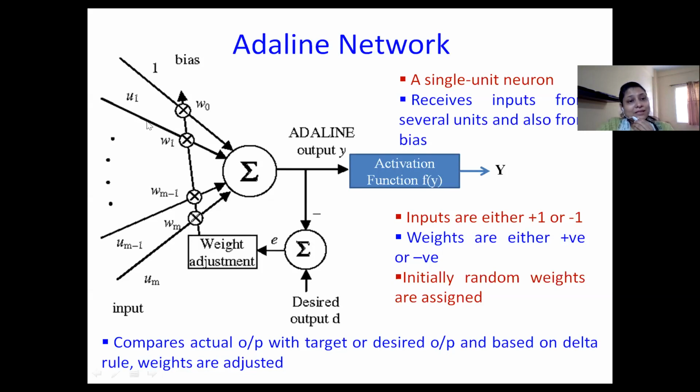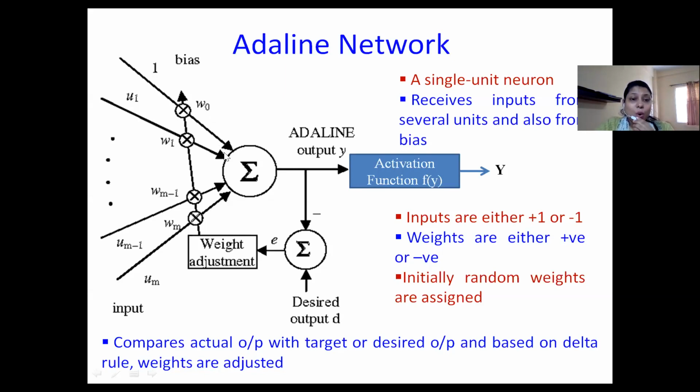And now all those connecting links, that means all those connecting links or synaptic links, are associated with the weights itself. So those are also W1 to Wm, and for the bias we know that the input is the value of 1. And what we have here is W0, this is a 1.